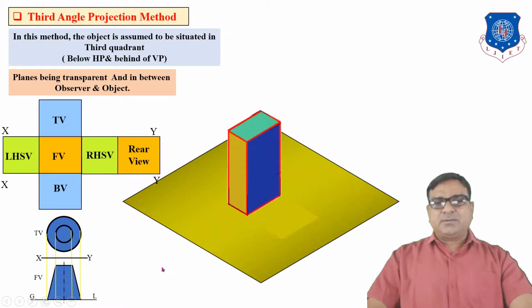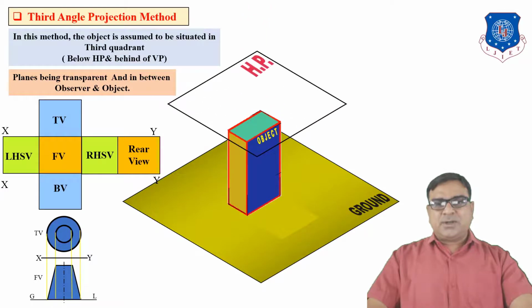This is the ground. Now the object is placed in the third quadrant. This is the horizontal plane for top view. Here the projection of the object is obtained on the horizontal plane. This is the top view.